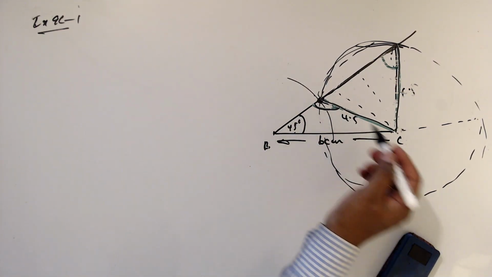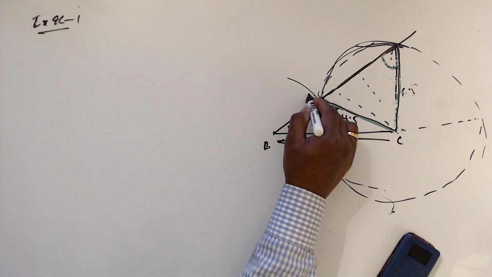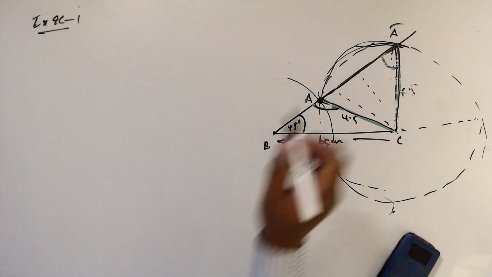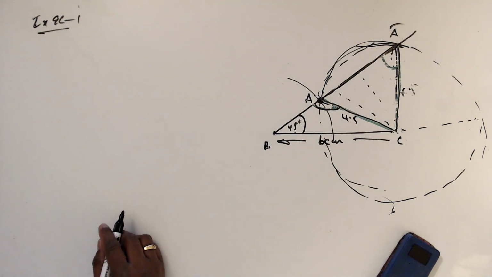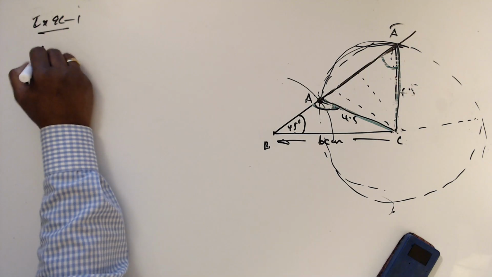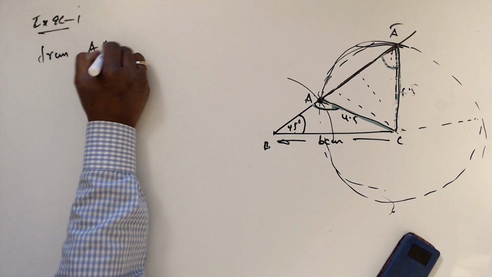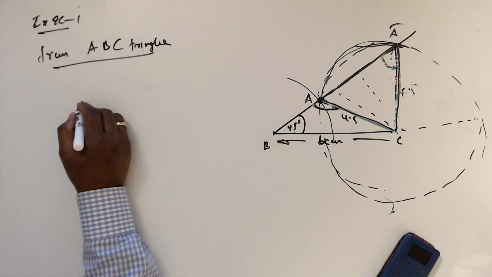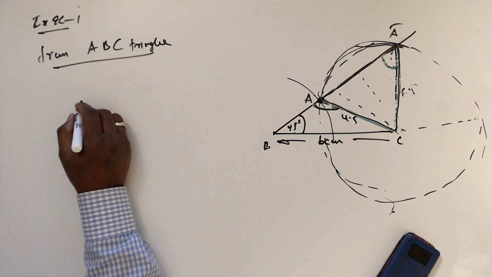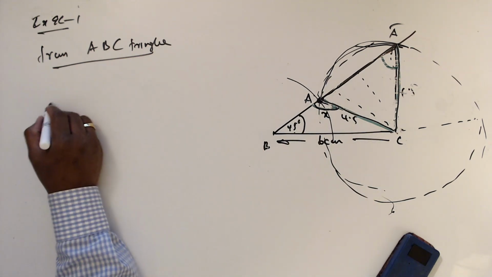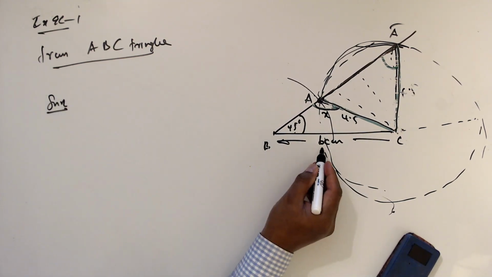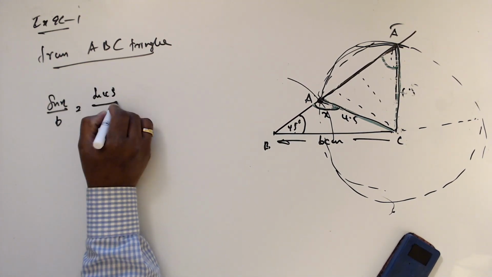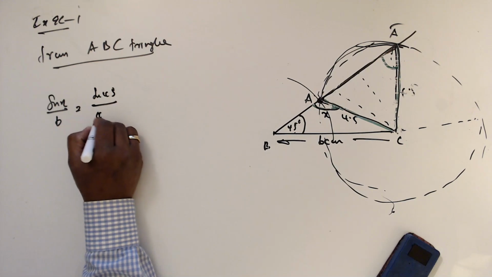So when I consider this is C, this is going to be A. This is the shadow A. I put A bar, A1. So from ABC triangle, I'll take this angle as X. Sine X over 6 equals sine 45 over 4.5.